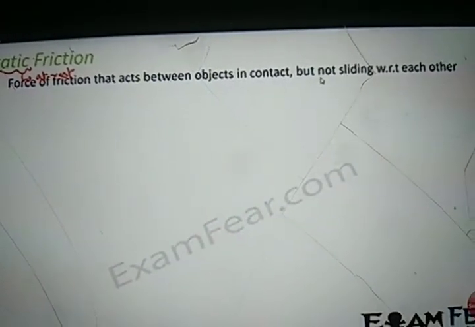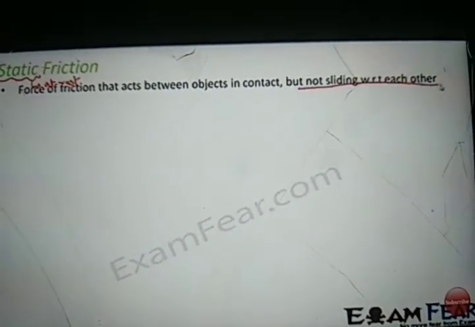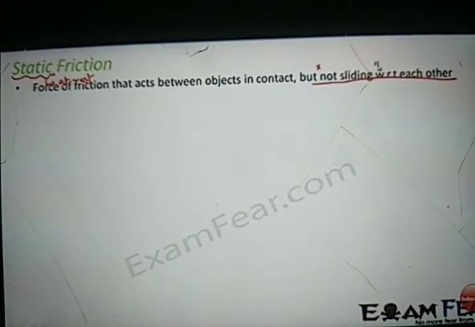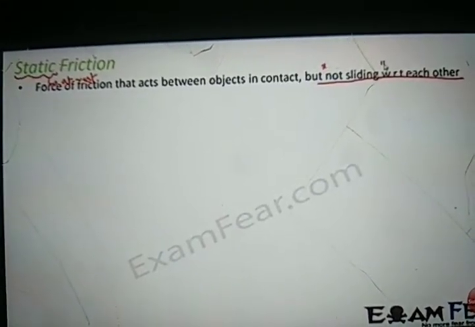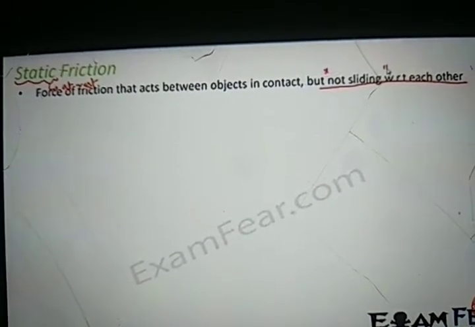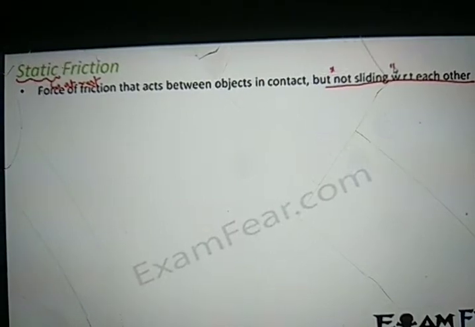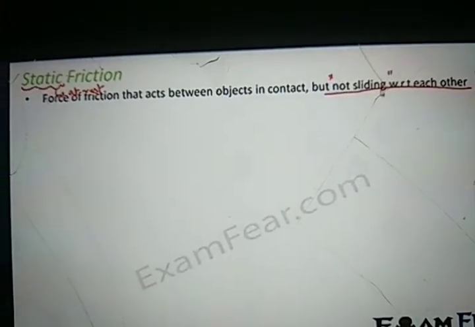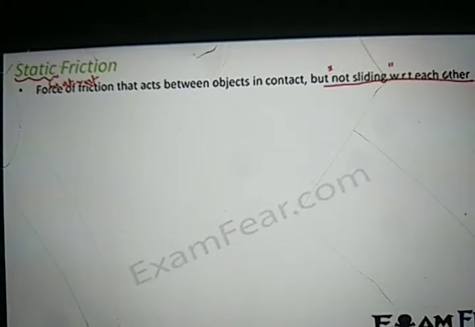It is the force of friction that acts between objects in contact but not sliding with respect to each other, and this is most important. That means both objects are not sliding. When I say not sliding, it is not necessary that they are at rest. They are not sliding with respect to each other.